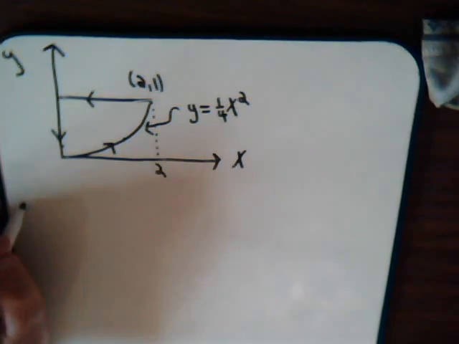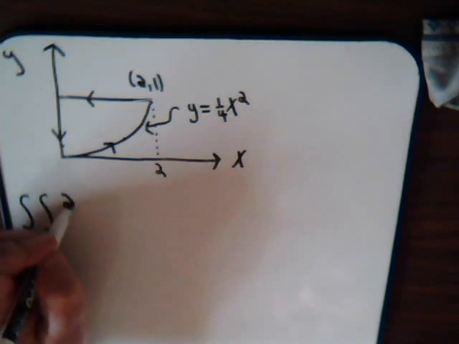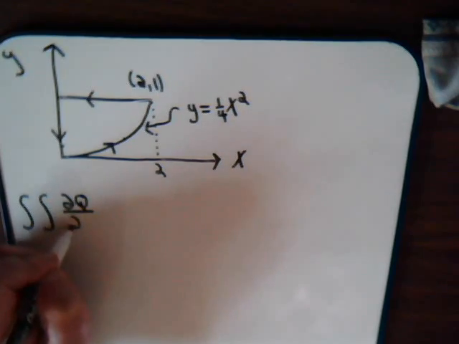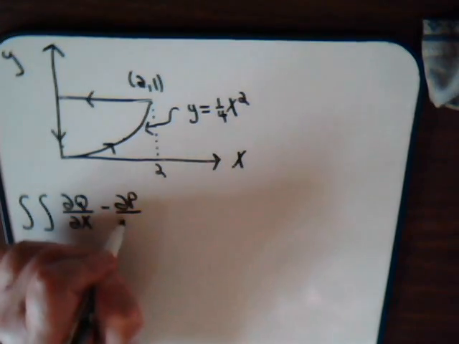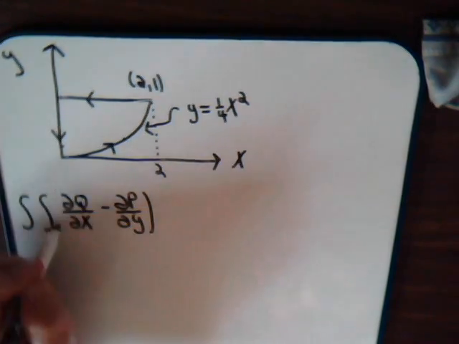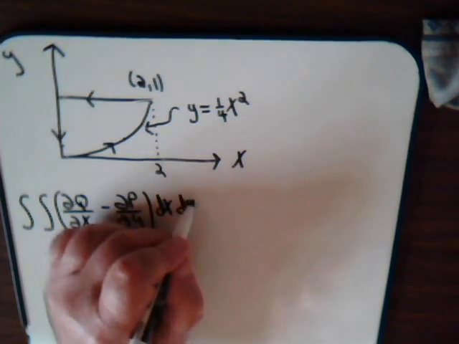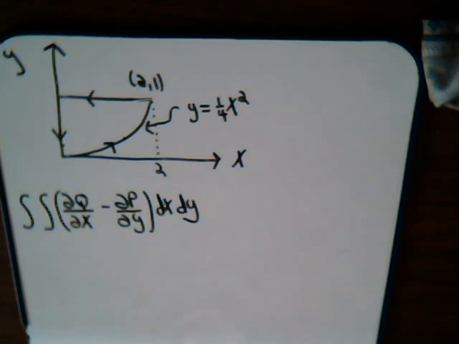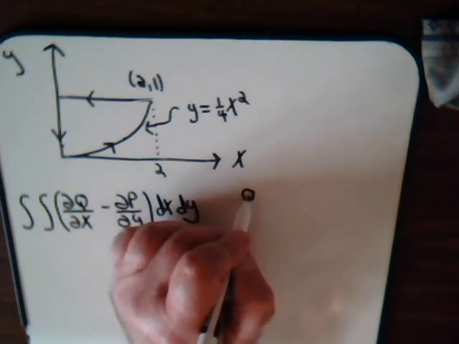We have this double integral. There's the partial of Q with respect to x minus the partial of P with respect to y dx dy. And again, for this general form, it doesn't matter which order we put these. When we start doing the problem, looking with the specifics, then it will matter. Now, let's see. We have Q, that was minus y squared.